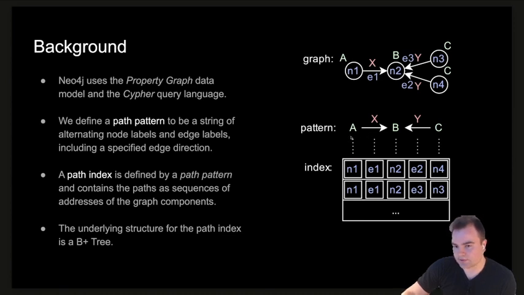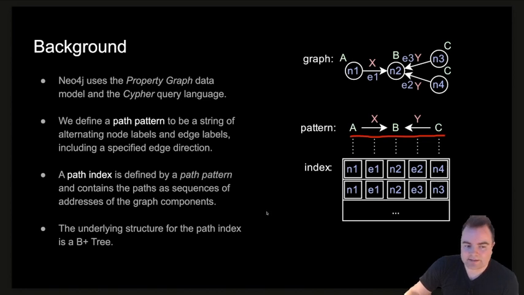Here's an example of a pattern for a path of length 2, so it consists of 2 edges. We have an incoming edge into the node labeled B, from a node labeled A over the edge X, and from a node labeled C over the edge Y.